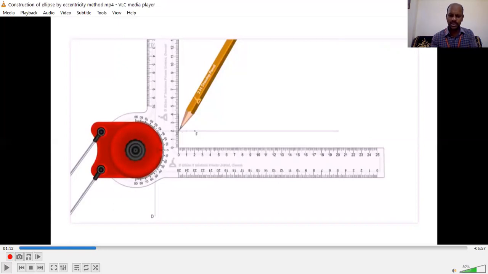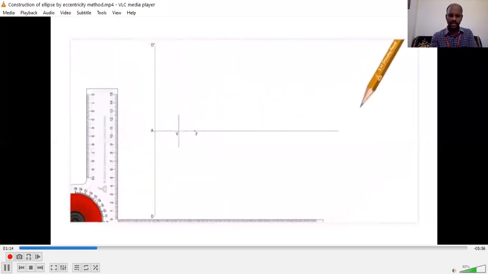Whatever the distance is given, 50 mm or 55 mm, you have to divide the distance into n number of equal parts, where n is based upon the sum of the numerator and denominator. So 2 plus 3, 5. So divide this length into 5 equal parts. You can see, he has already marked 5 equal parts. Using some method, you can divide this length into 5 equal parts.